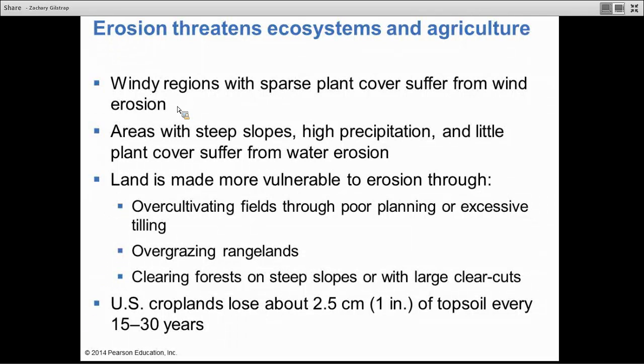So, people have made land more vulnerable to erosion in 3 ways. And those 3 ways are over-cultivating fields through poor planting or excessive tilling, grazing rangeland with more livestock than the land can support, or clearing forests on steep slopes or with large clear cuts.